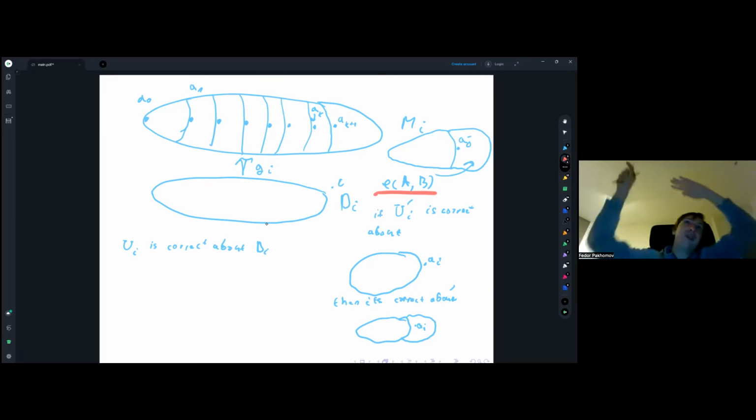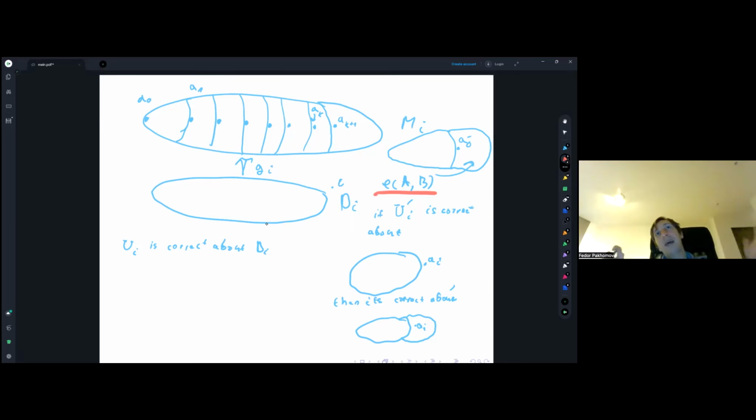So we are showing by induction on n that n many layers will never, after some point, be shredded. And if some layer will never be shredded, this means that this layer is already correct about u. So in the limit we have infinitely many layers that will never be shredded, and this gives us a stabilized model. Okay, so this is basically the concept.